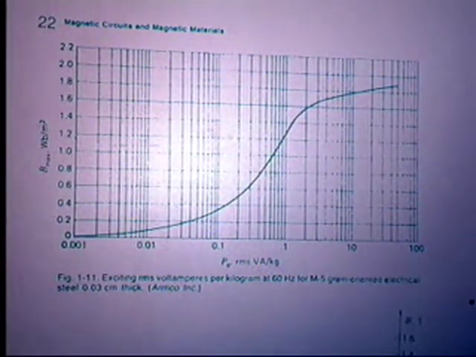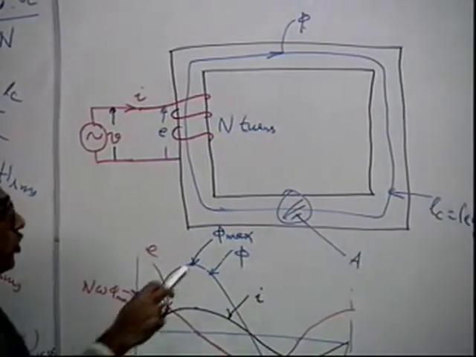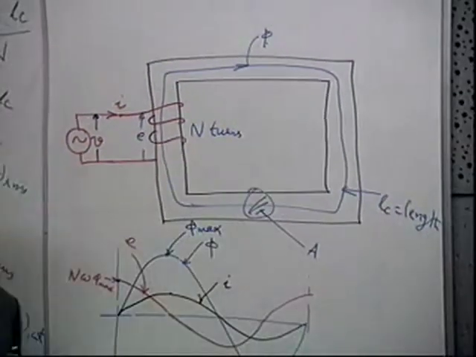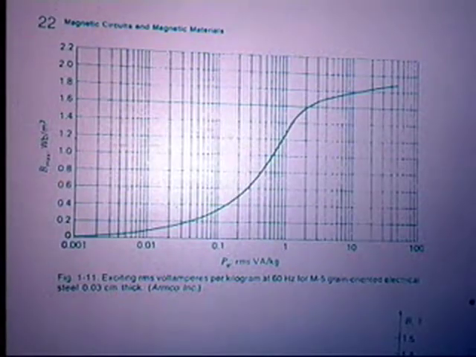So if you know what the B max in the core is, if you want to operate the core at a given B max, then all you have to do is find the RMS volt amperes from this curve and multiply by the volume. It will give you the total RMS volt amperes.